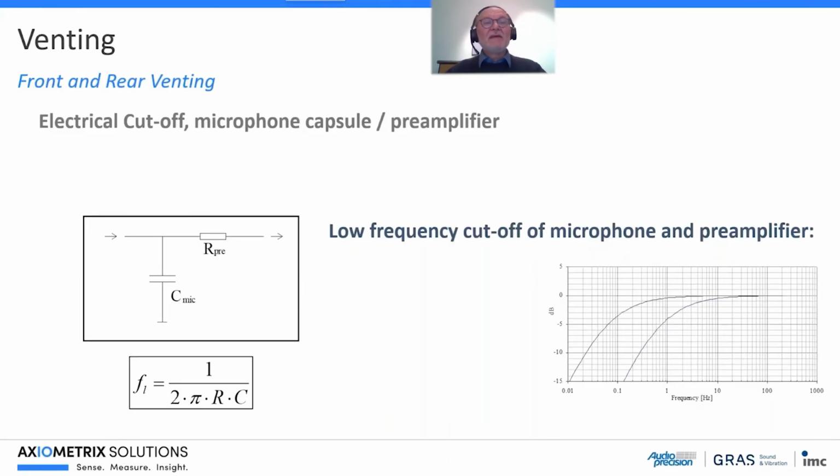Front and rear venting. Electrical cutoff of microphone capsules and preamplifiers. If you look at the electrical cutoff, it is the electrical components we have in our preamplifier, the electrical components between the microphone capsule and the input impedance of our input resistor of our preamplifier.